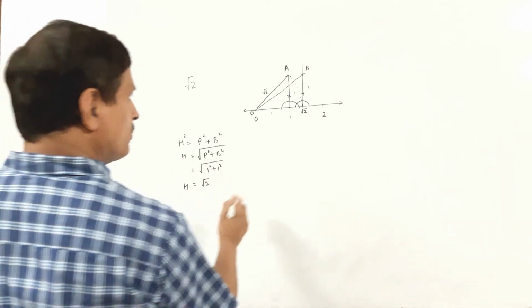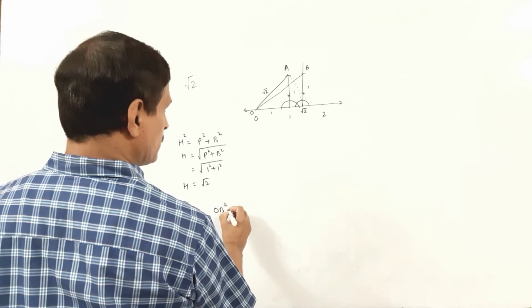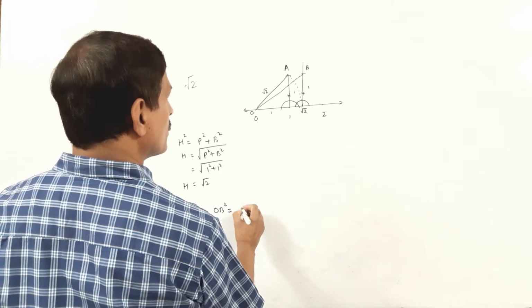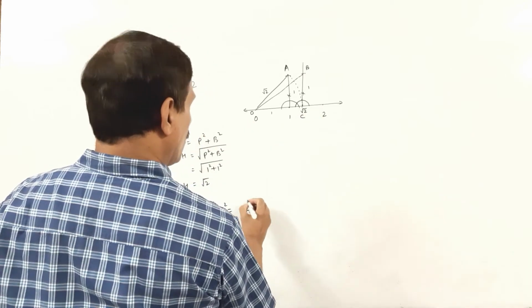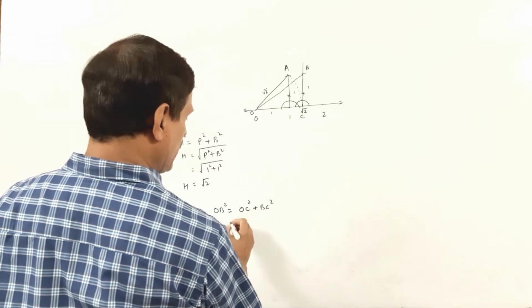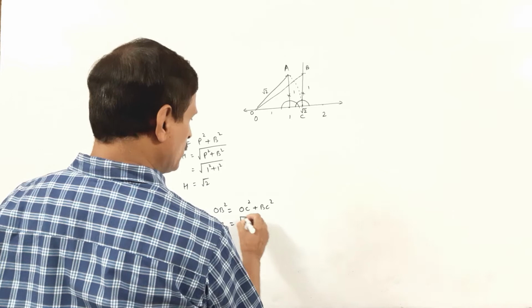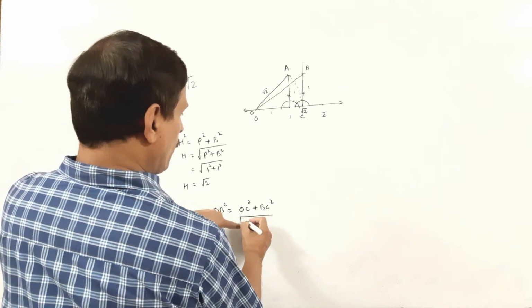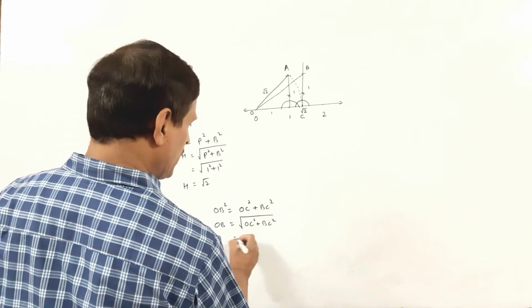again using Pythagoras theorem, OB square is equal to OC square plus BC square, and OB is equal to root of OC square plus BC square.